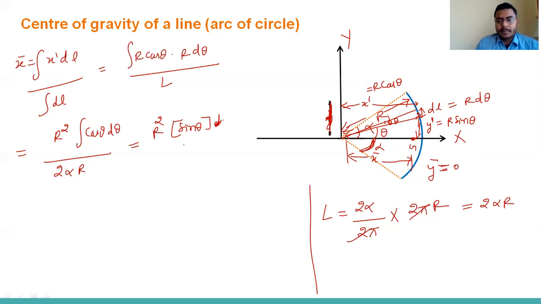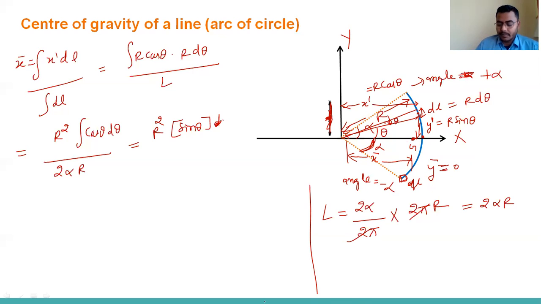What will be the upper limit and lower limit? We will follow the sign convention of this angle. If alpha is 0, you are here. Going from here to here, the angle will be minus alpha, and here the angle will be plus alpha, positive.